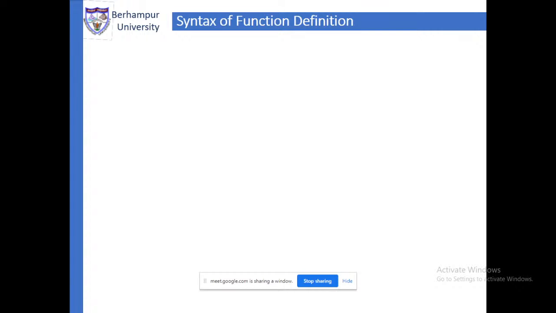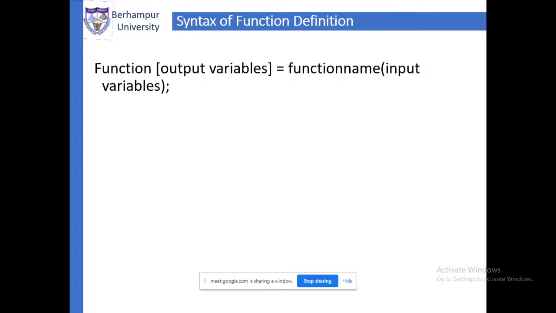Now let us see what the syntax is, how you are going to write a function file, the syntax for function definition. The start will be with the word function. So when you are designing a function file, always start with this. Open the file, write function, then within square brackets you can put output variables.